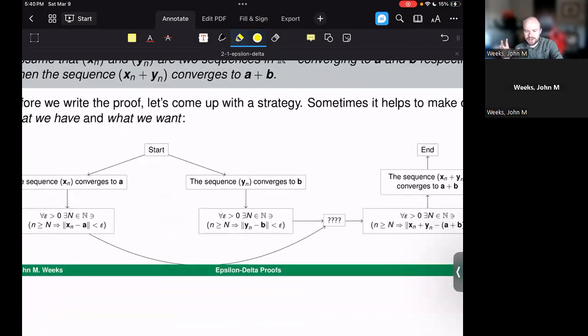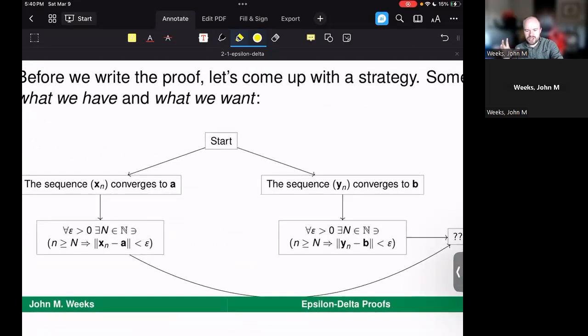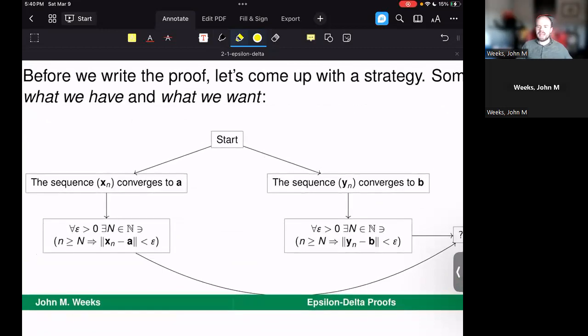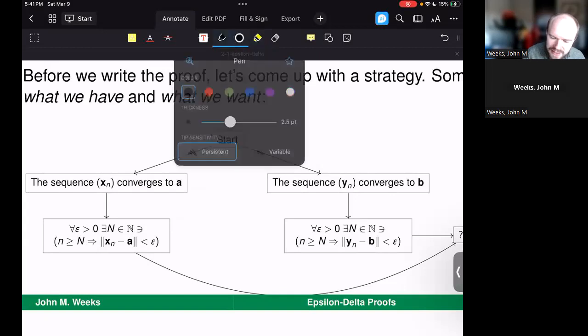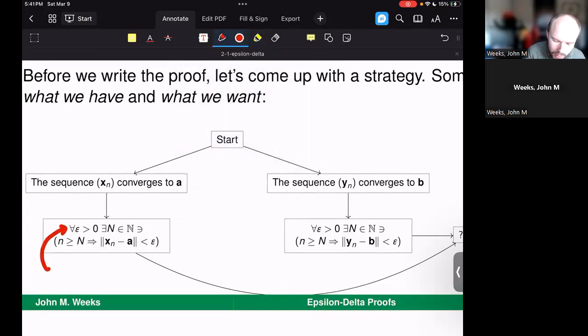There are things that we have to start with in this game, which is that the sequence x sub n converges to A, the sequence y sub n converges to B. Now, I don't know about you, but sometimes it is very helpful for me to start putting down what these terms mean. And here, I'll try and make use of these quantifiers. Notice these quantifier uses that I'm using here. The upside down A is a for all quantifier.